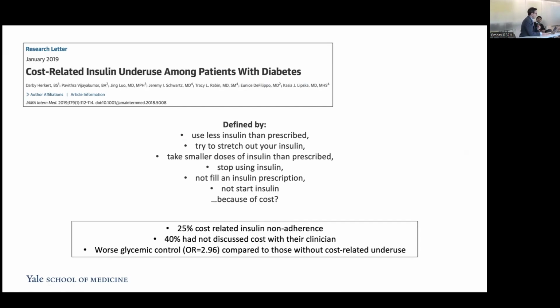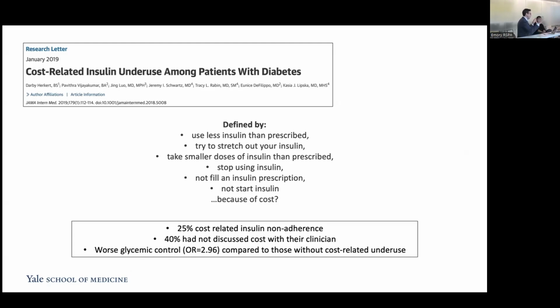And found that a quarter of patients had cost-related non-adherence to their insulin. And this was consistent with other studies that have been done around the country. And similar to the patient that I talked about, 40% hadn't discussed it with their clinician, and not surprisingly, those with cost-related underuse had worse clinical outcomes.